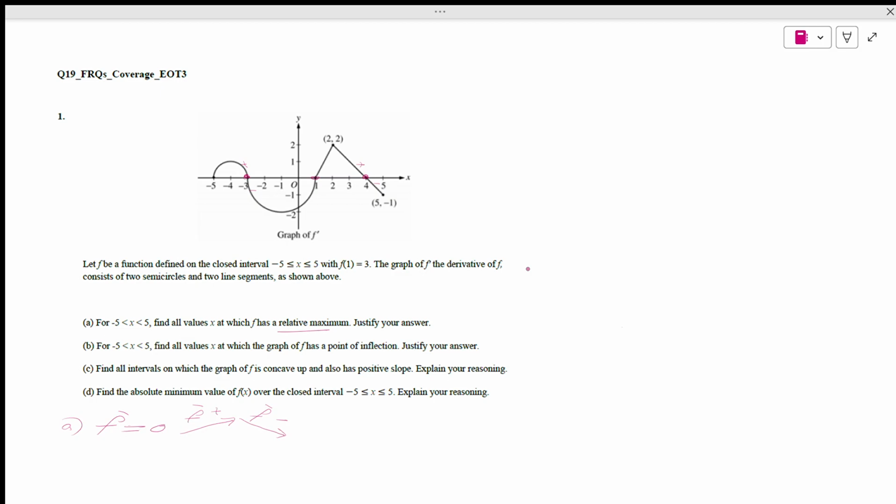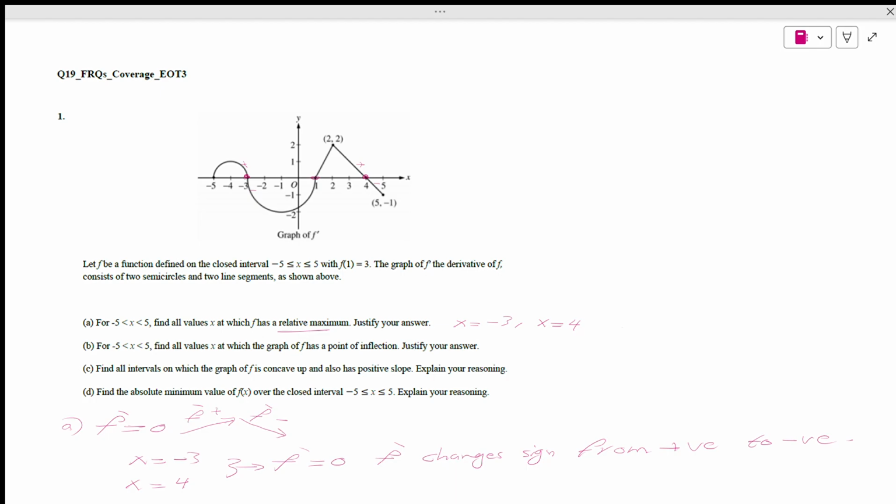So this happens at x equals -3 and at x equals 4. You can say that at those 2 points f prime equals 0, and f prime changes sign from positive to negative. This is the first part.